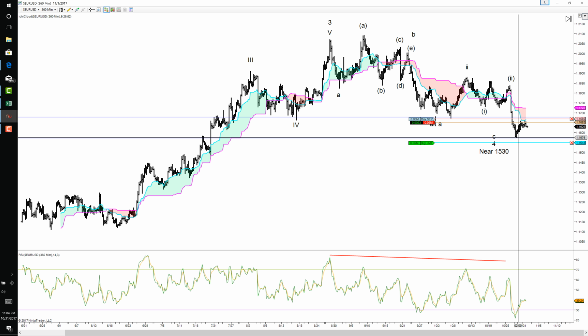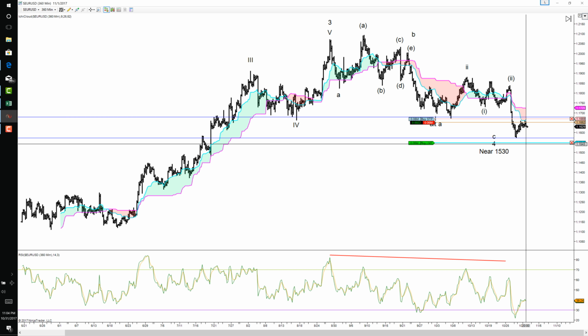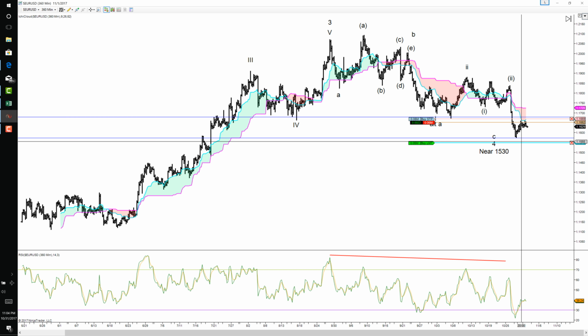So I'm expecting a move to the downside, at which most likely price will find some support right at the current low of around 1576. If it does move below the 1576, I would expect it to find some critical support at around 1580.